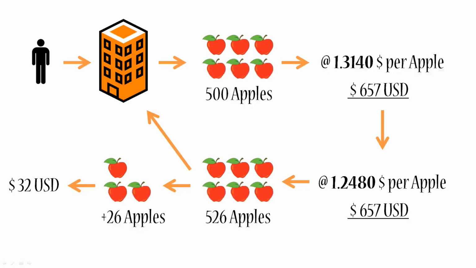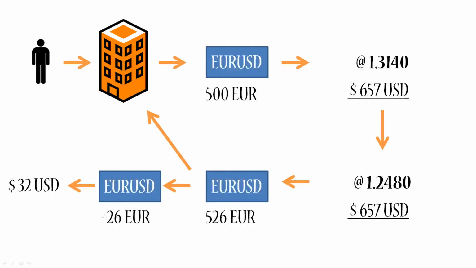Now, if we replace apples with euros as we did previously, you will see that nothing changes. This whole scheme works also for euros just as it did for apples. You go to a broker, you borrow 500 euros, you sell them at 1.3140 for $657. You hold on to your $657 until the price for euros drops.